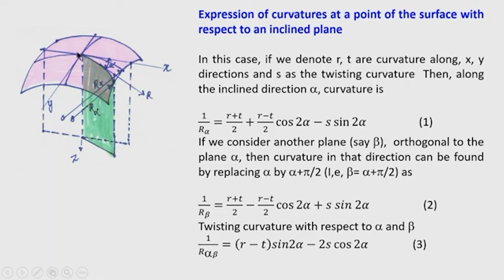Now, if I consider another plane, say beta, what is the beta plane? The beta plane is a plane which is perpendicular to the plane that is at an angle of alpha with the original x z plane. So, if I substitute beta with alpha plus pi by 2, the new plane is orthogonal to this inclined plane, and this quantity can be found directly by substituting alpha with alpha plus pi by 2.